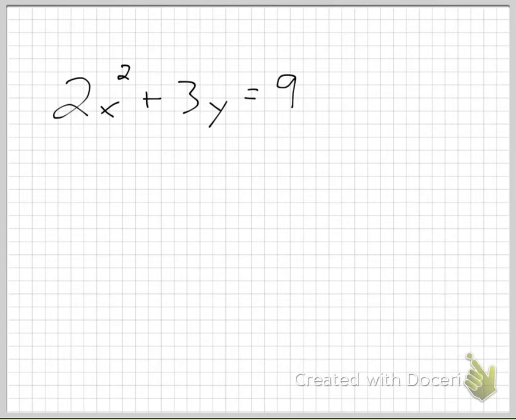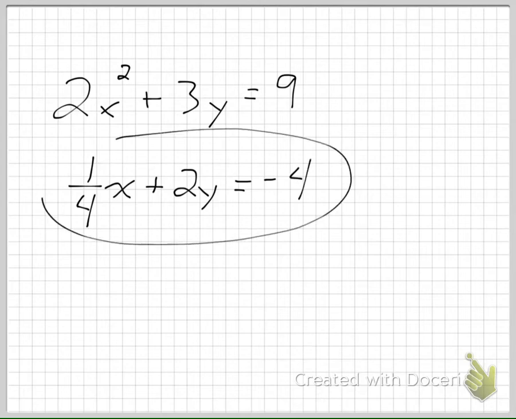So what about this? This is a good one. Okay. Is this a linear equation? Is that a line? What's the rule? The rule says, can you write it as a constant times x plus a constant times y equals a number? 1/4 x is totally okay, right?